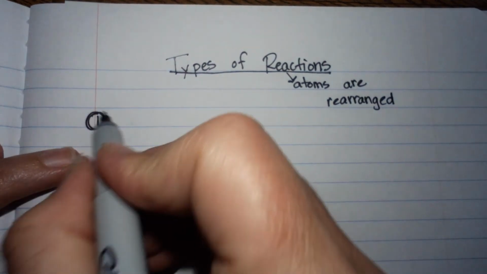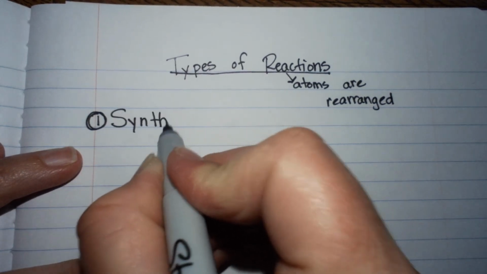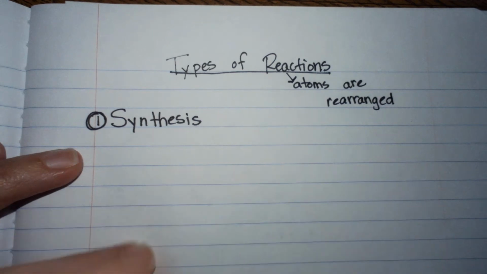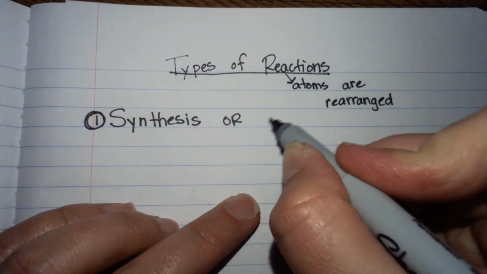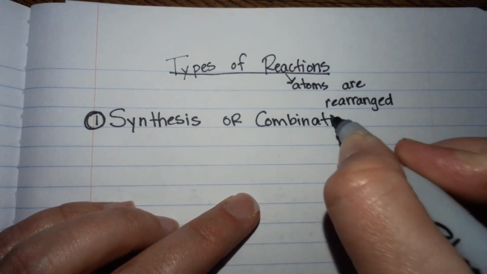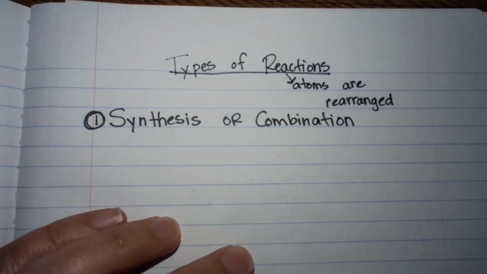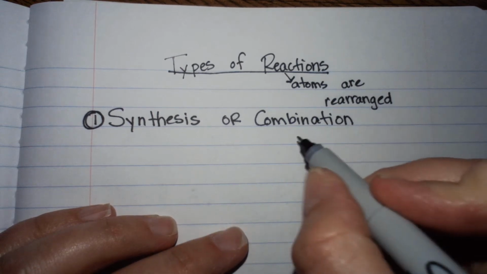The first kind is called a synthesis. Or, an easier word is combination. So, when you look at those words, what does that mean? If I combine something, what am I doing? Putting two things together, right?